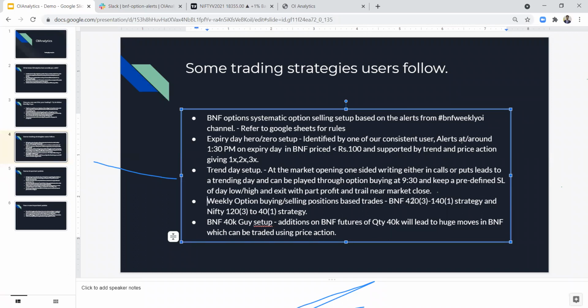This is a usual every week thing that happens, right? And even in Nifty it happens. From options priced greater than 120, they take it to 40, right? So this is the selling side I'm talking about. And even on the buying side it happens, so that from 140 they take it to 420, and from 40 they take it to 120. So this is the kind of thing.